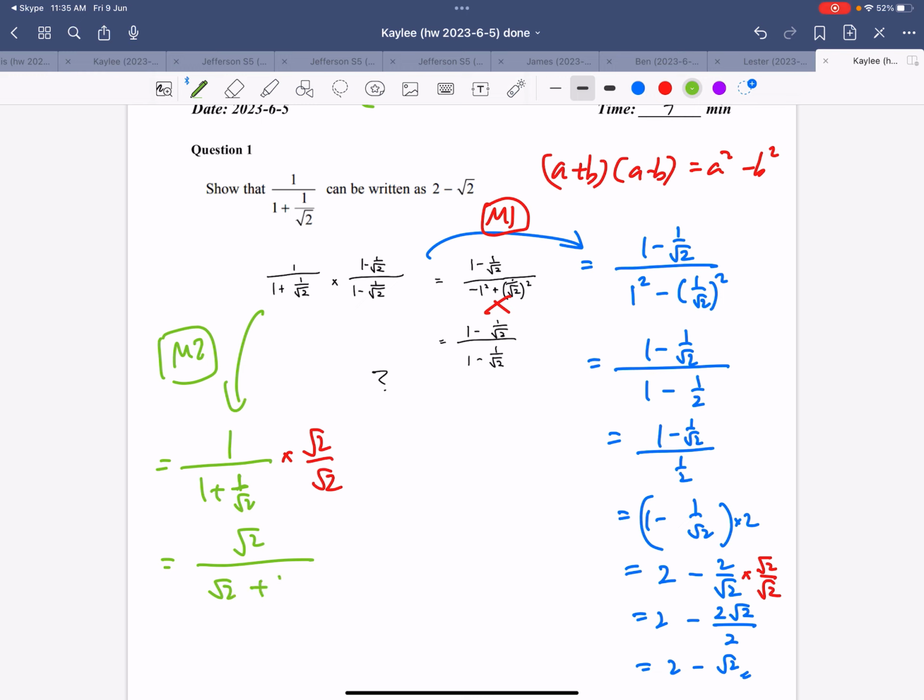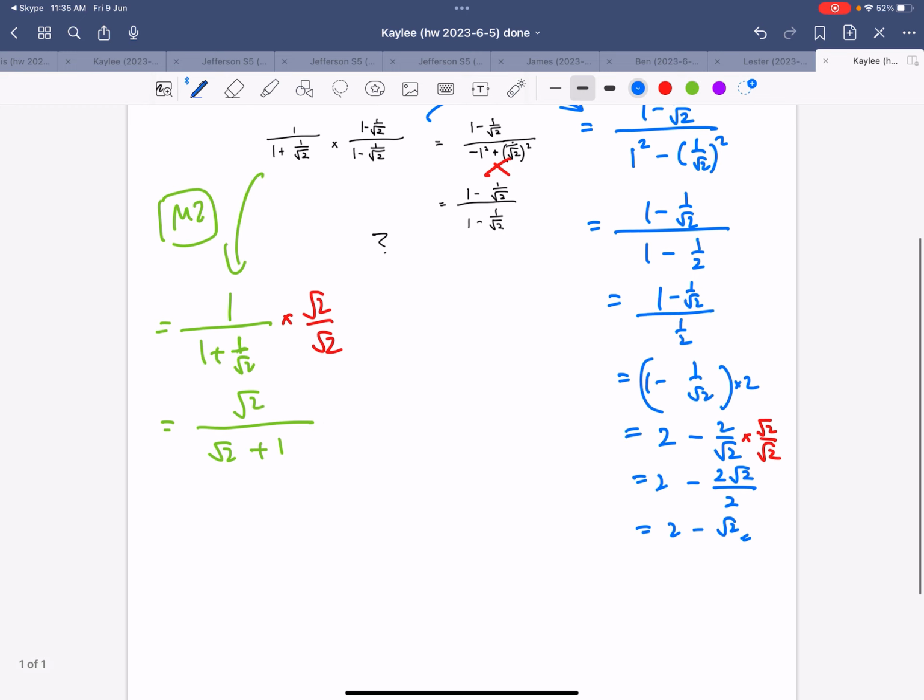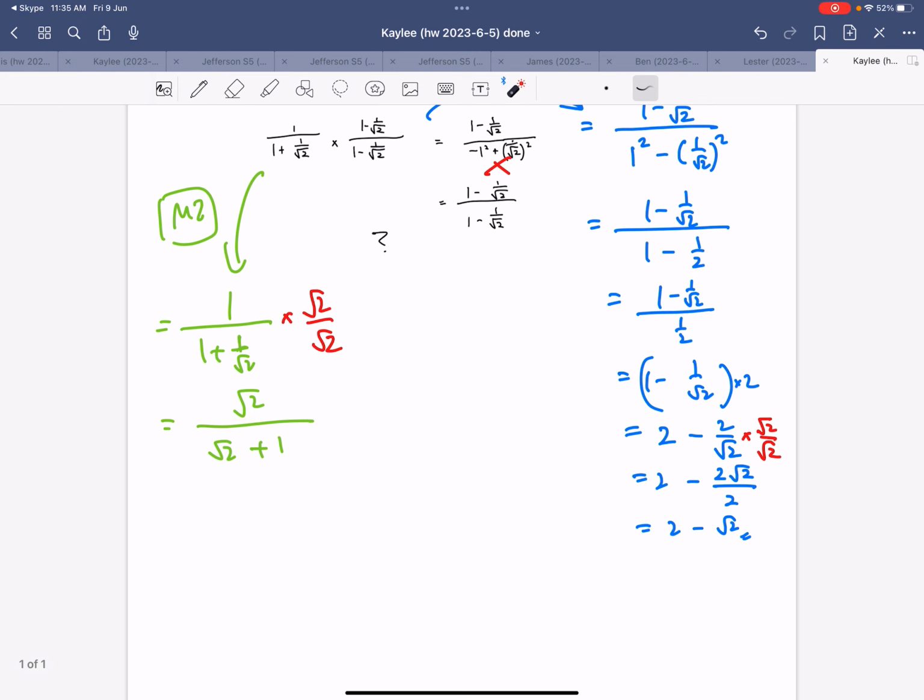is 1. Okay, and then in the next step, we consider the denominator root 2 plus 1, so there are two terms here, so I multiply by root 2 minus 1 over root 2 minus 1.